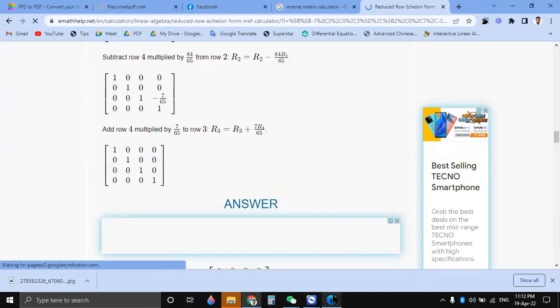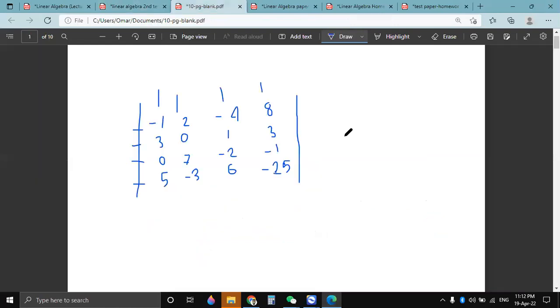So if I write down here, the RREF form, if we do the reduced row echelon form, it will become an identity matrix. It is not necessary that all the time it will be an identity matrix. Just for this case, it has become a 4x4 identity matrix.